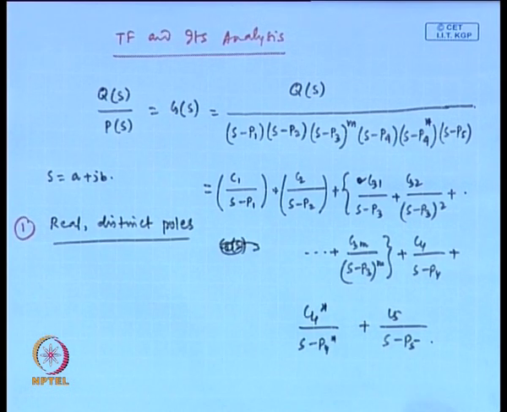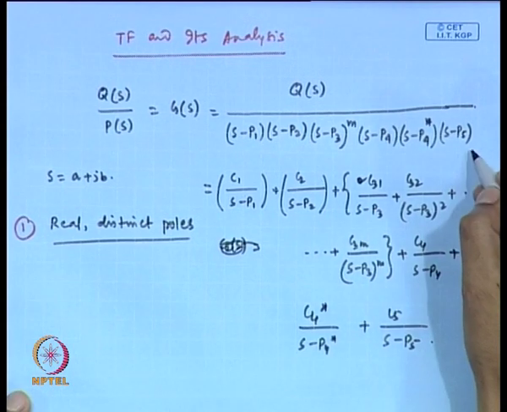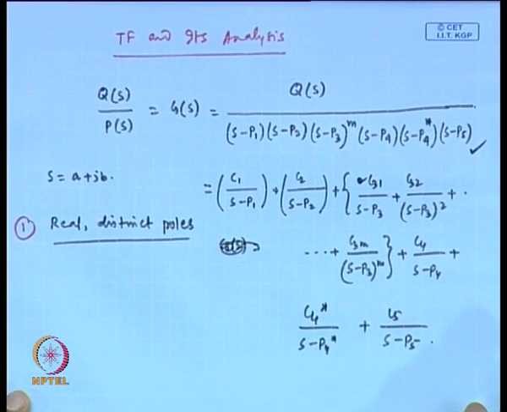This is the partial fractions of this transfer function, the general form of the transfer function.